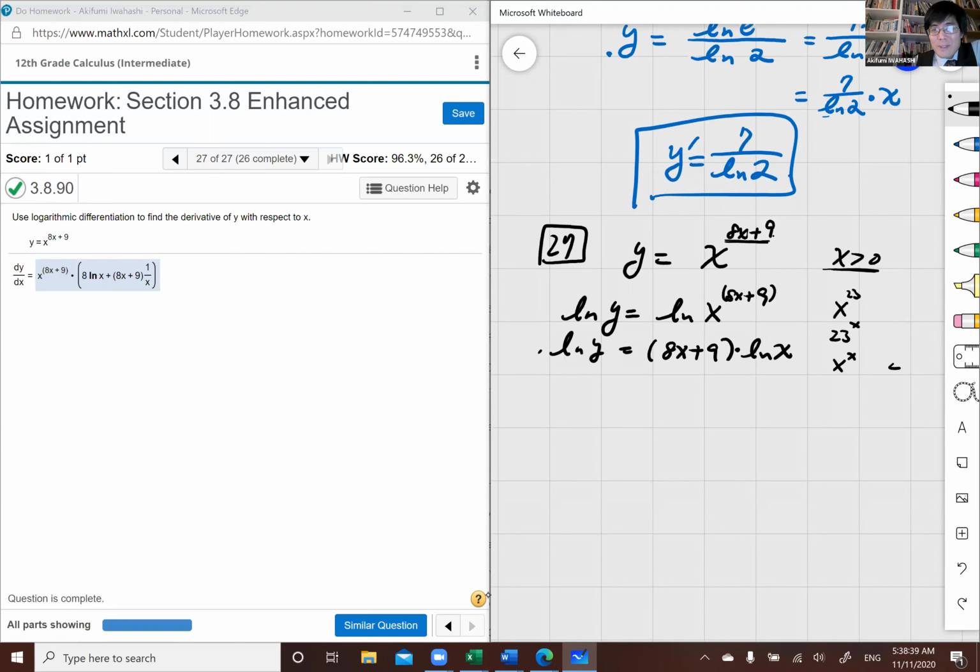Now let's differentiate both sides of the expression with respect to x. You're gonna get y dash over y is equal to 左微分右プラス左右微分と。To find y dash, you multiply both sides by y and you get y dash.